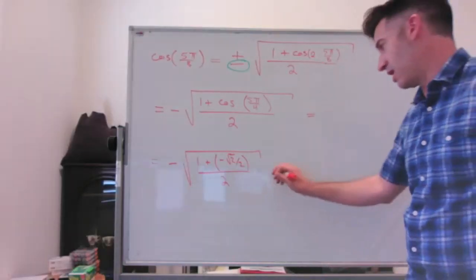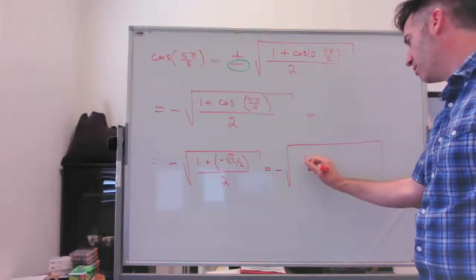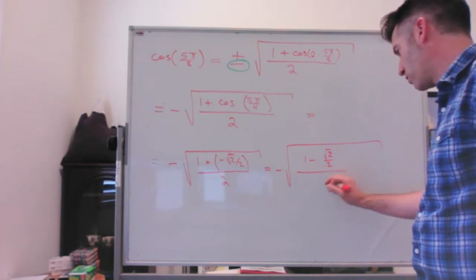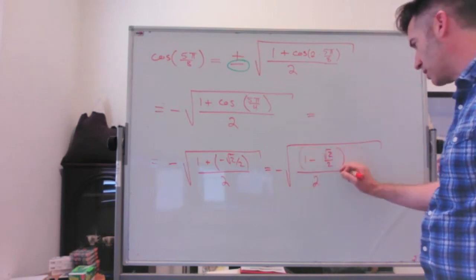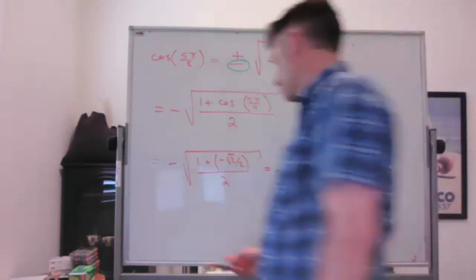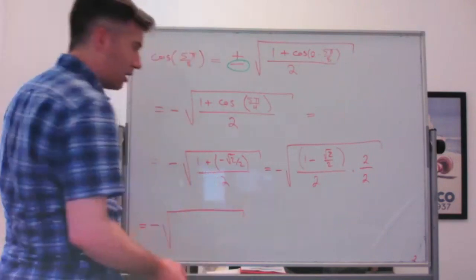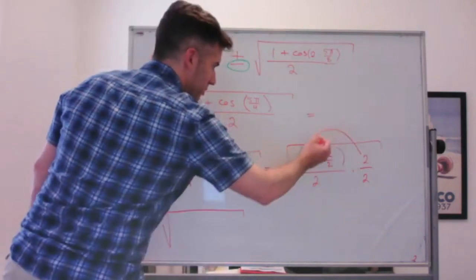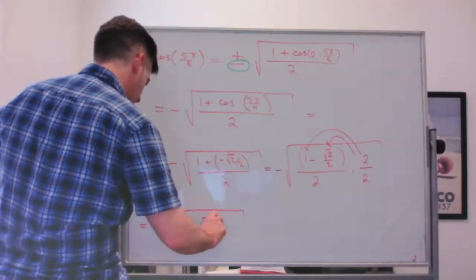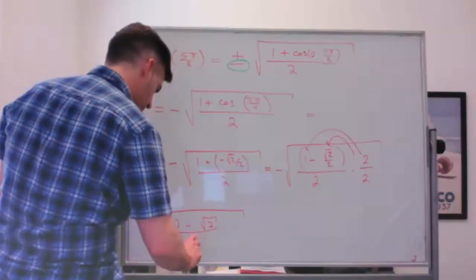So then we're going to say that's negative square root of 1 minus root 2 over 2, and we're multiplying this by 2 over 2. On top, the 2 distributes, and we get 2 minus the square root of 2. On the bottom, 2 times 2 is 4.